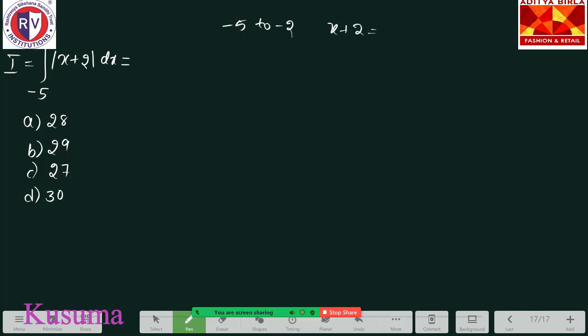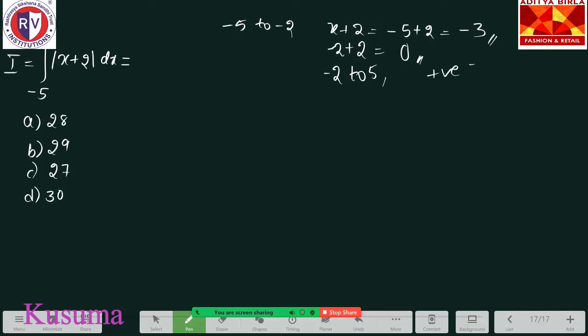Will it be negative or positive? Say if we put -5, this will be equal to -3. If we put -2, we'll be having 0. So what about from -2 to +5? The value of x plus 2 will be positive.